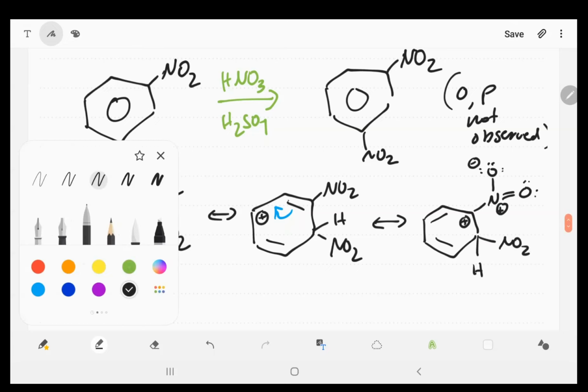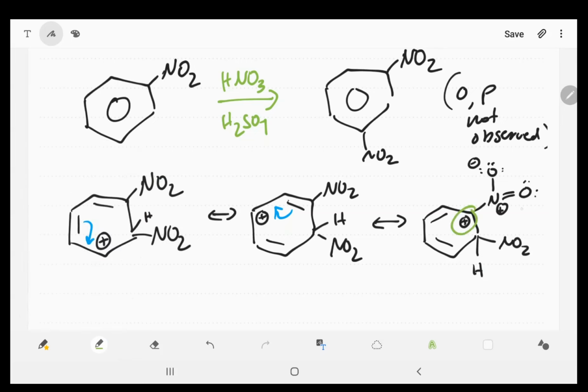Notice here we have a positive charge next to a positive charge. Not a good thing, right? This is very sad. Sad resonance. This makes it incredibly unstable to resonate this way.